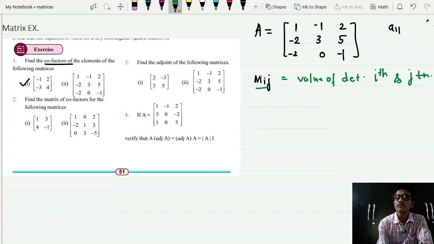So let's find all minors of these 9 elements.